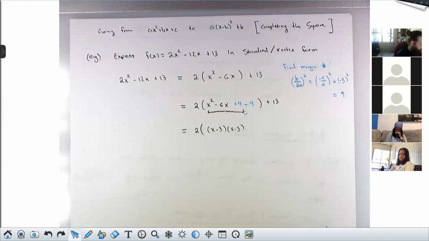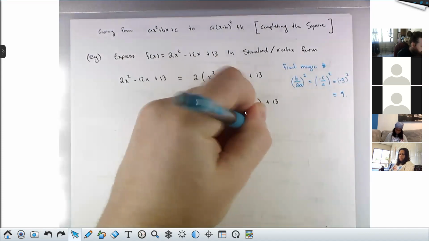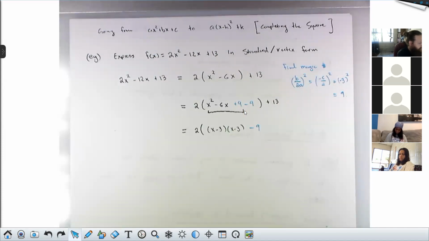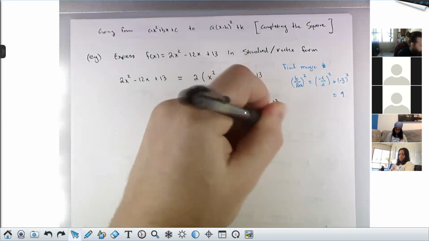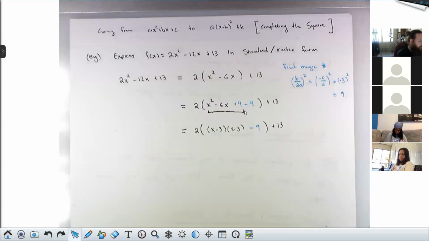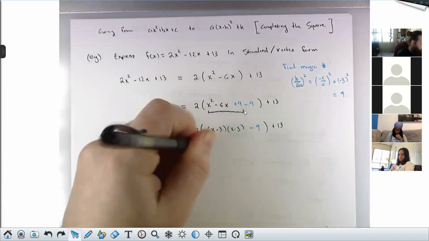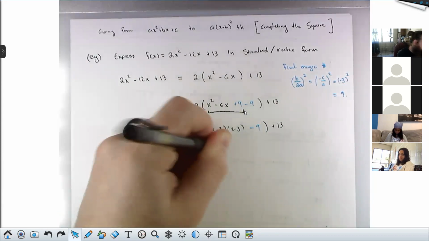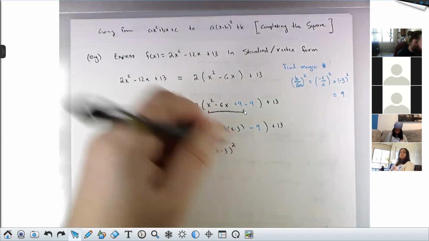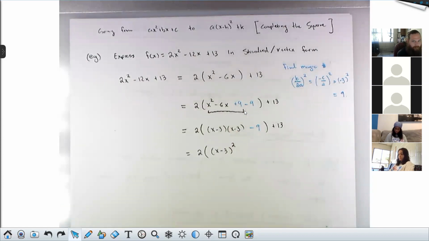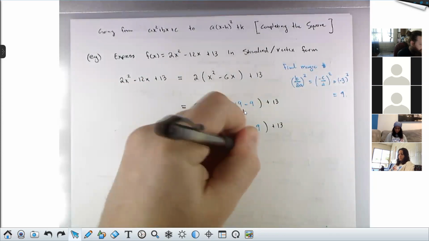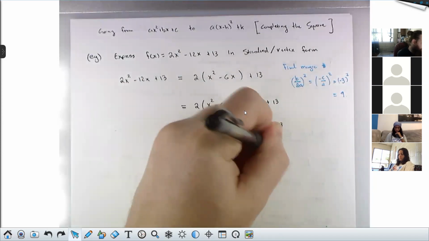That's x minus 3 times x minus 3. Then I still have this -9, close paren, plus 13. So that's 2 times x minus 3 times x minus 3, which is x minus 3 squared. And we still have our -9 and plus 13.